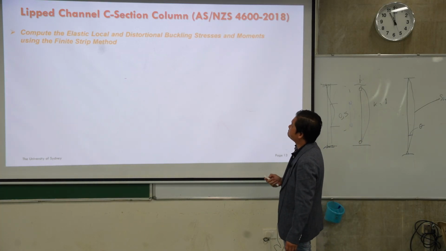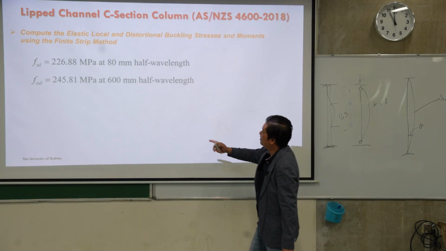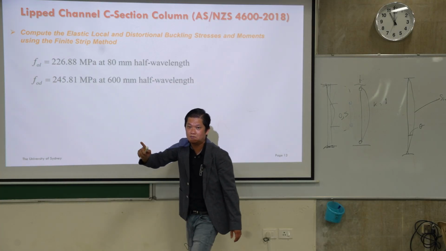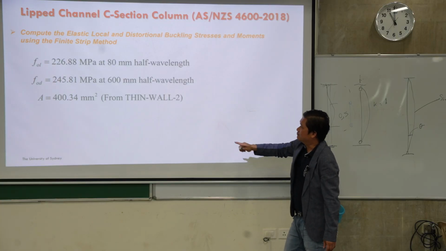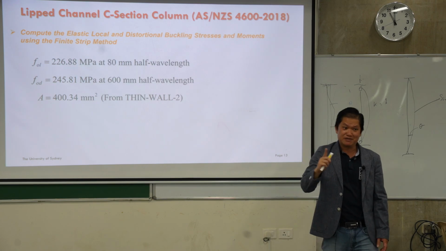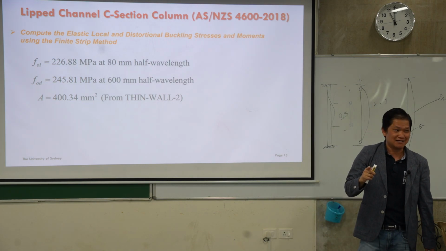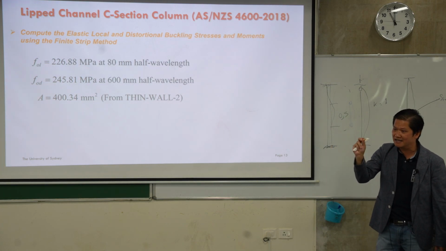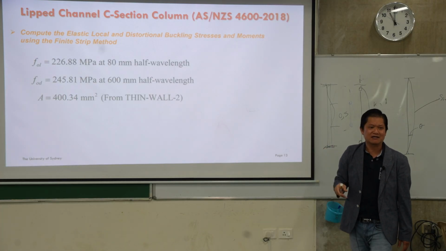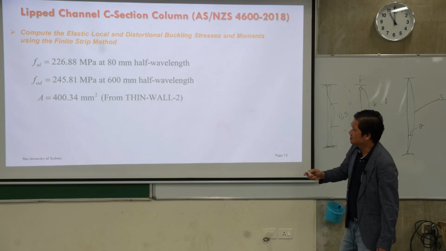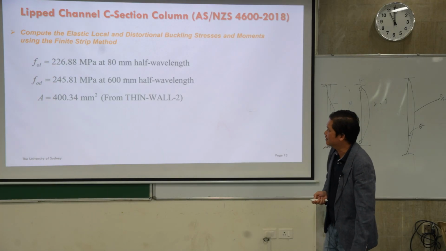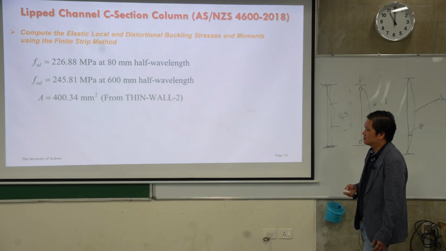Right, so what next? We pick up those stresses, local buckling and distortional buckling, and then we get the area from Thin-Wall 2. As mentioned before, because it's finite strip, it might be slightly smaller or bigger than the real one because of the overlap of the strips, but it doesn't matter. We can ignore that. It's acceptable. You can use that, or you can use the actual area from the manufacturer.